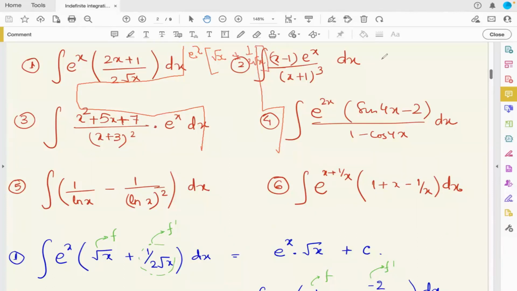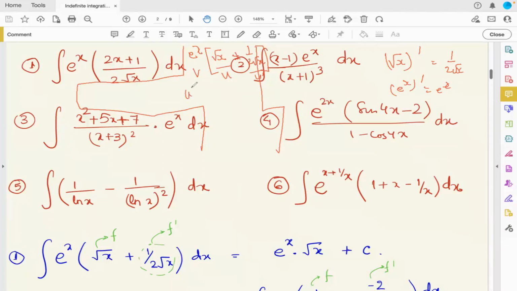Now look at here. What is the differentiation of root x? It will be 1 by 2 root x, we know that. So if we assign u here, u dash is here, and e to the power x is multiplying both. If we take v, we know that the differentiation of e to the power x is e to the power x itself.